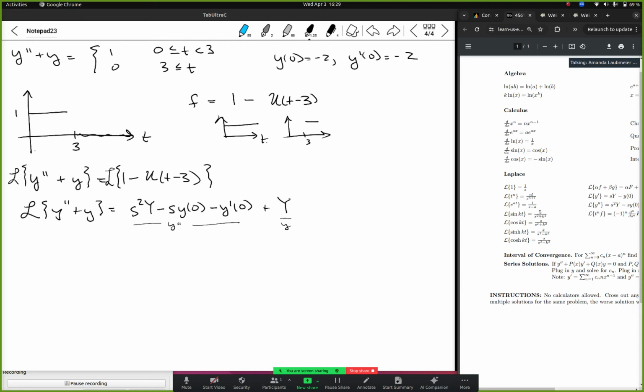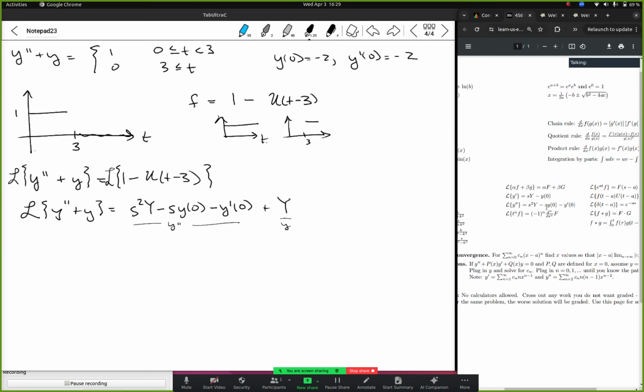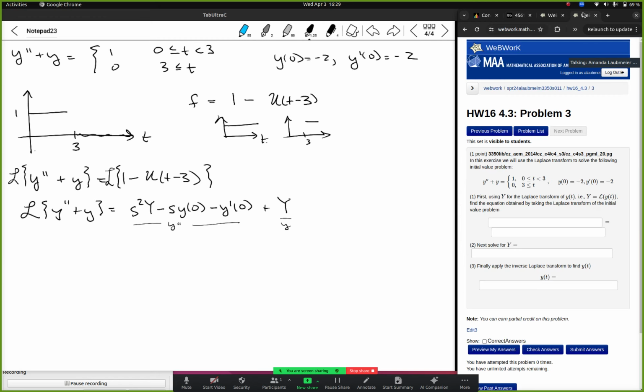Minus s y of 0 minus y prime of 0. Yep, so we're good. And then I plug in my y of 0 and y prime of 0. For me, they're both minus 2, so that turns this into s squared Y plus 2s plus 2 plus Y, or s squared plus 1 times capital Y plus 2s plus 2, just grouping the terms that belong to Y together, since eventually I'm going to have to solve for big Y.